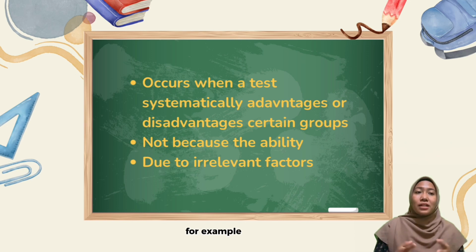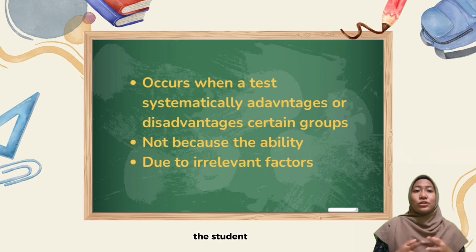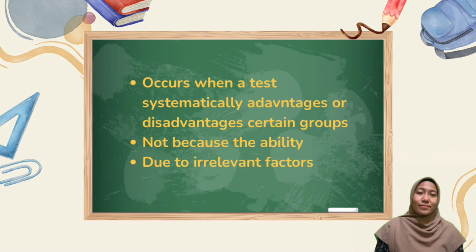For example, a listening comprehension test uses culturally specific American idioms or dialect unfamiliar to students from different cultural backgrounds. The student may fail not because of poor listening skills, but due to lack of cultural knowledge. This is an example of cultural bias.